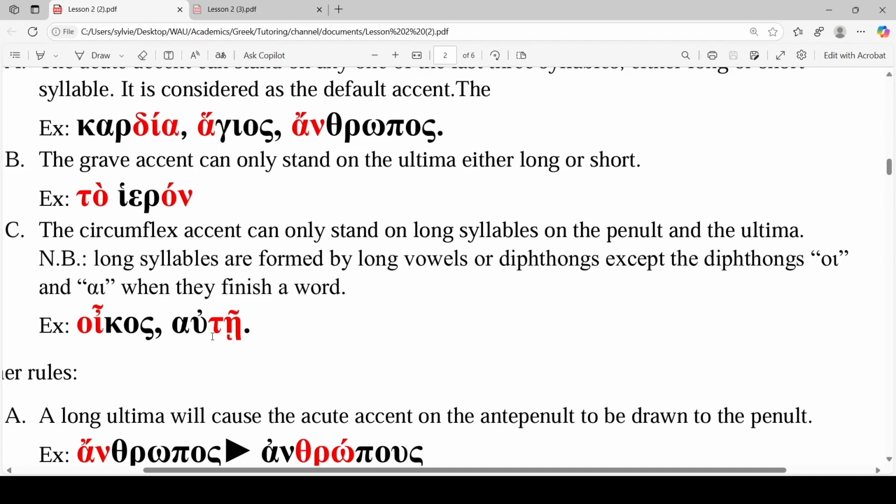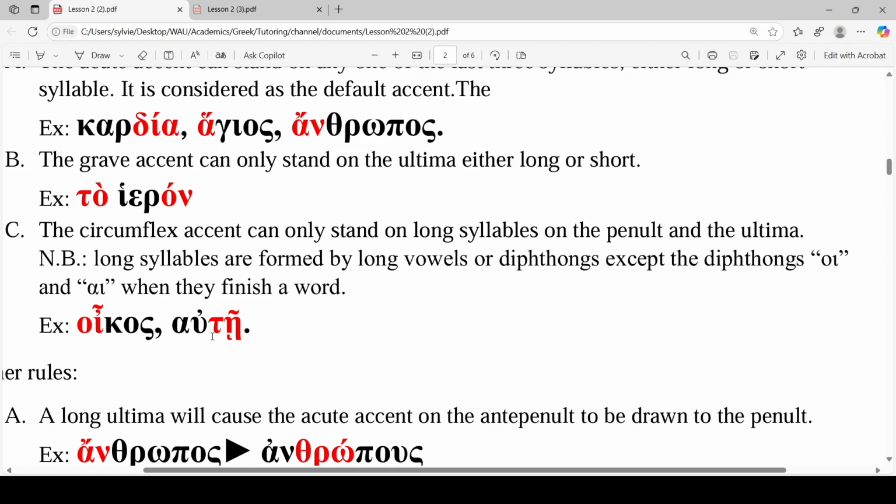And I also must tell you that there is no rule that can help you identify, in every case, which syllable should be accented. For this purpose, you need to know the word. You need to look at the vocabularies.